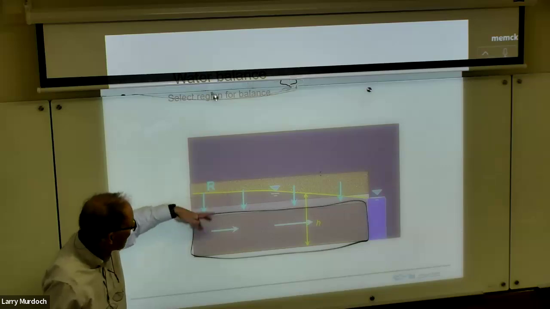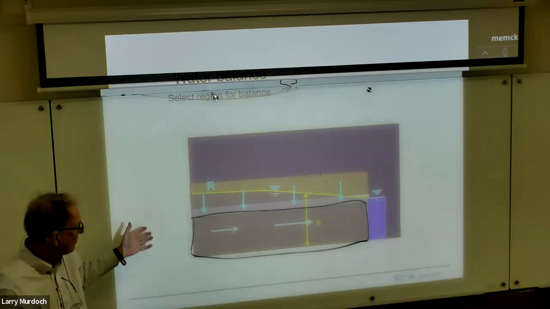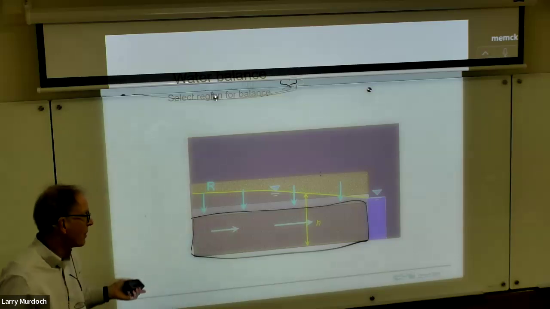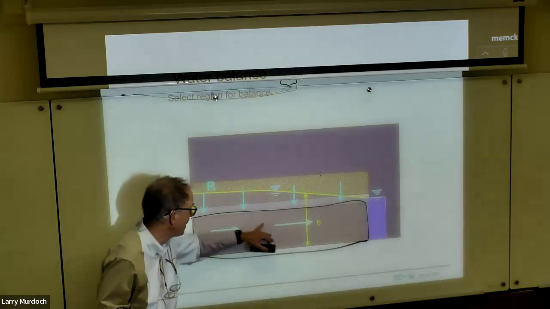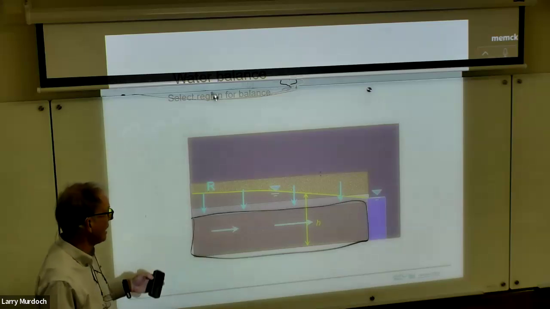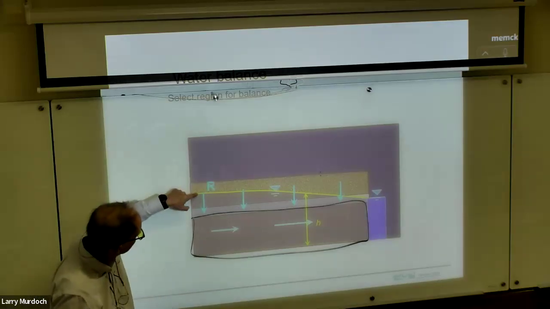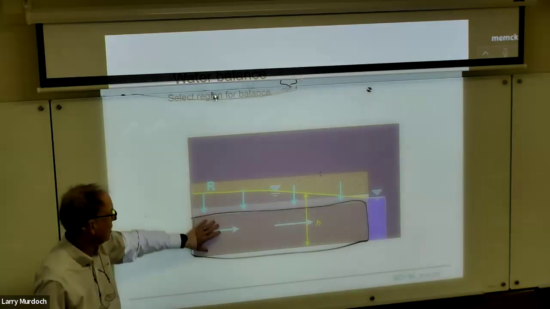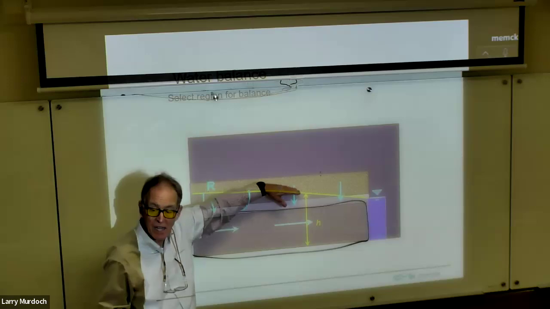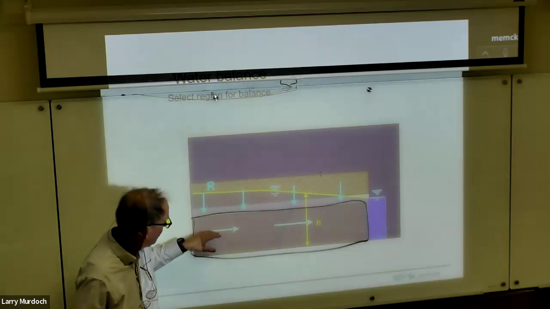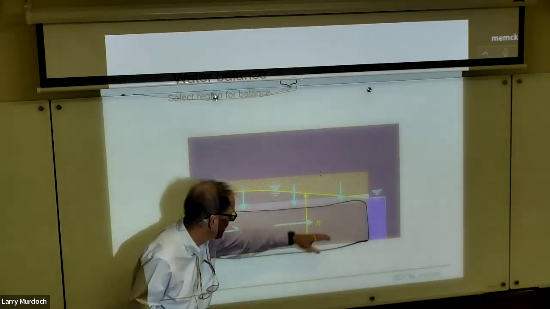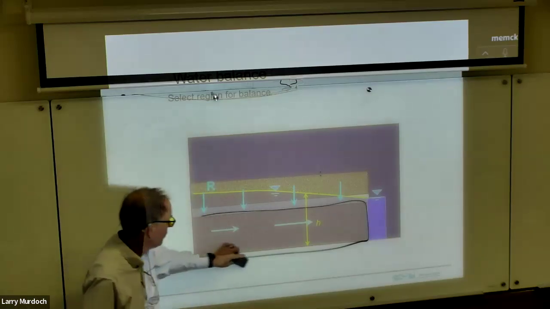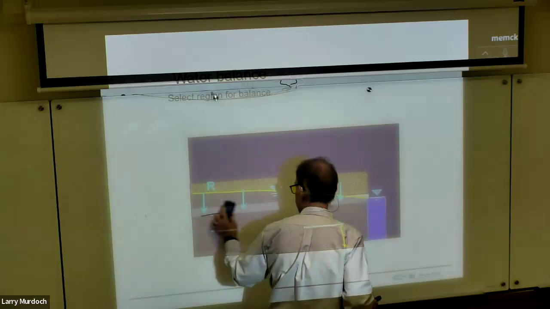So if we did the balance on this, we could find what the overall ins and outs are, but we couldn't find out what the distribution looks like. We want to see the distribution of the hydraulic head in here, what that curve looks like and how the flow is changing as we go from here to here. So we can't do that with the control volume over the whole region.